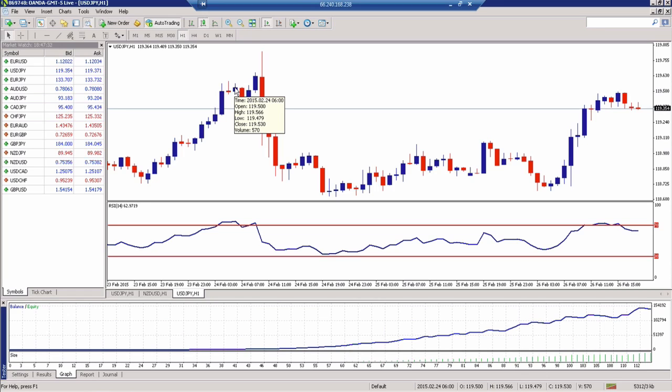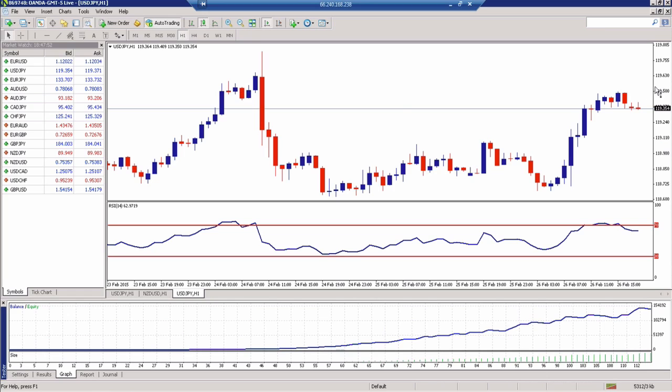What a lot of professionals and we do, as a quick way to identify a good value for the entry criteria for a put binary option, is to subtract 20 pips from that value.